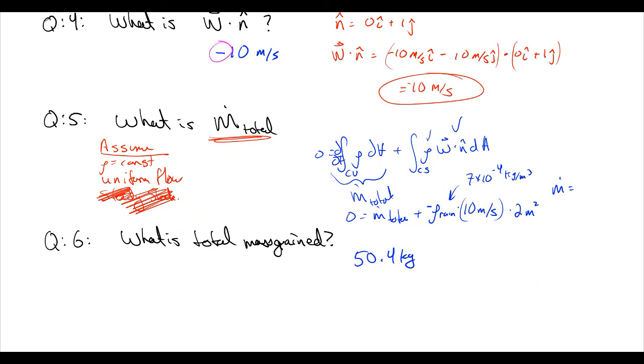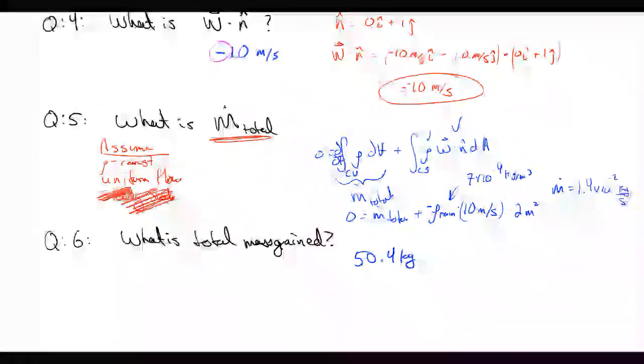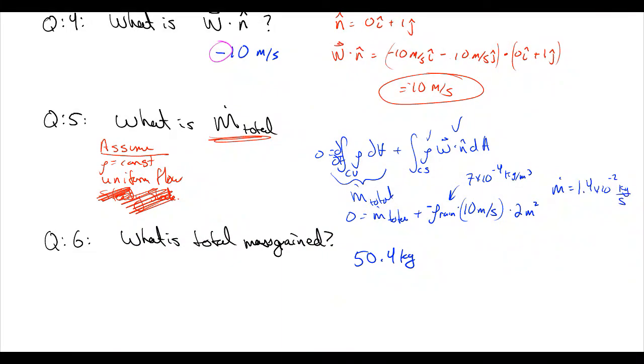We have 7 times 10 to the negative 4th times 10 meters per second times 2 gives us 1.4 times 10 to the negative 2 kilograms per second, right? And remember, the negative drops out because this comes over to the other side and it cancels out our negative because we have negatives on both sides. So that's great. It's positive.